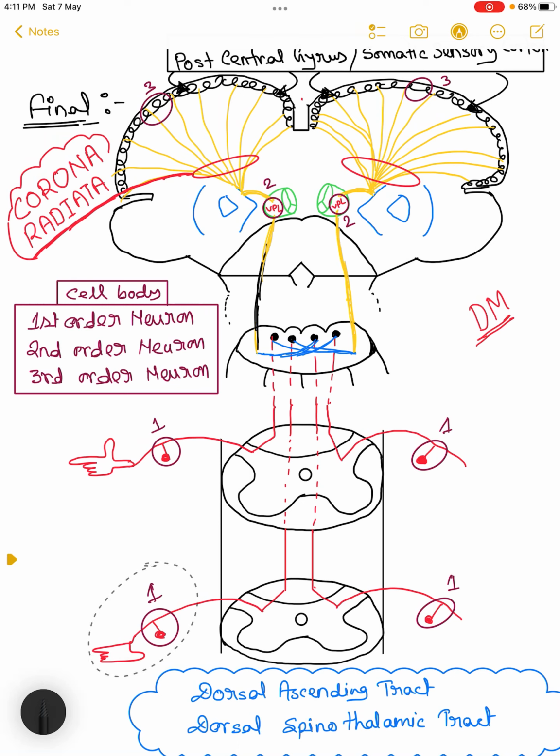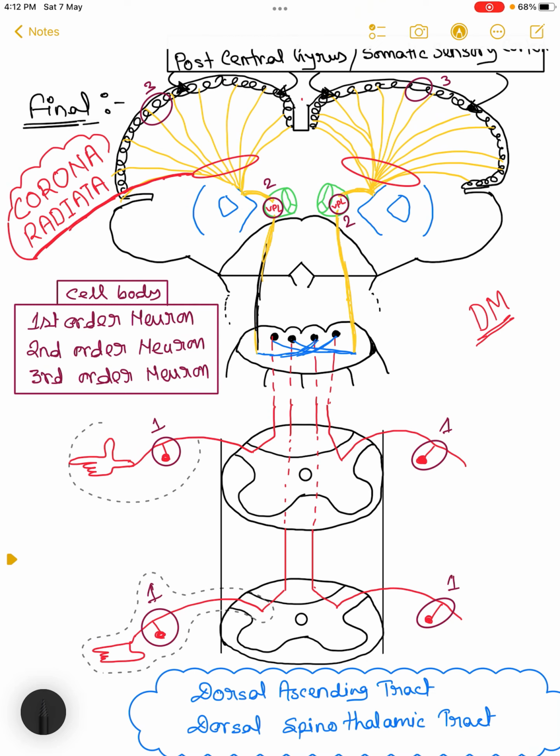So let's start from here. Our legs. One fiber is coming to the dorsal horn and going dorsally backward. If it is coming from the leg, we know which part of the dorsal column? Yes, fasciculus gracilis, right?